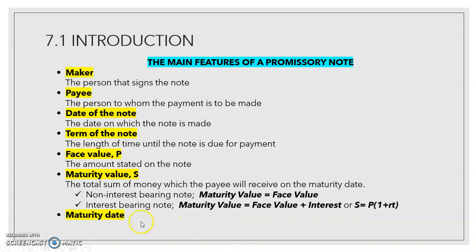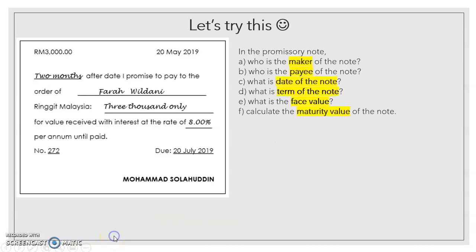And last but not least, you have to know what is the maturity date. The date on which the maturity value is due. Alright, so for a start, let us try this one. This is an example of a promissory note. You can see here, there's 3,000. The date is 20th May 2019, and it reads 2 months after date.